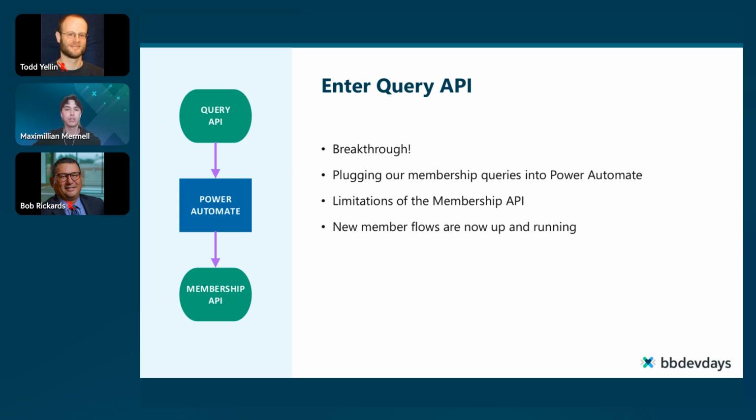And so that's really how we've used it so far. We now have these awesome flows that are adding memberships on a daily basis with dynamic expiration dates. And, you know, we were close to making these flows a reality before the API, but the way they're set up now just kind of makes sense.